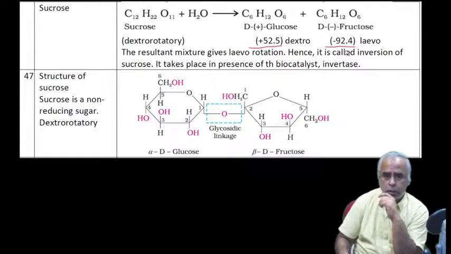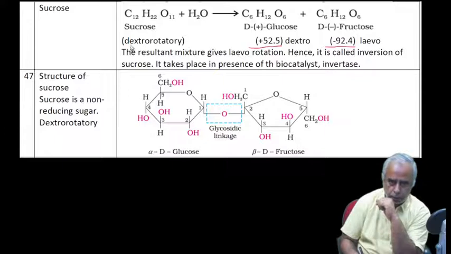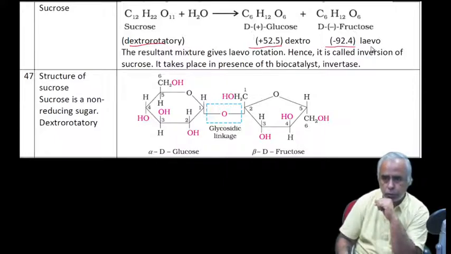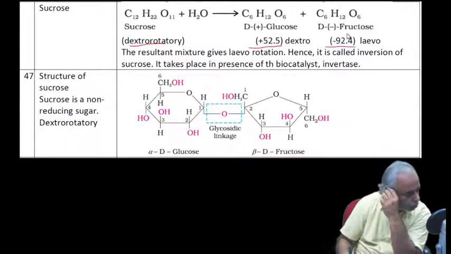So the resultant is a negative one. But sucrose is positive, dextrorotatory. After the hydrolysis, the net rotation is levo, because this is plus 52, this is minus 92. That is because of the dominance of fructose.